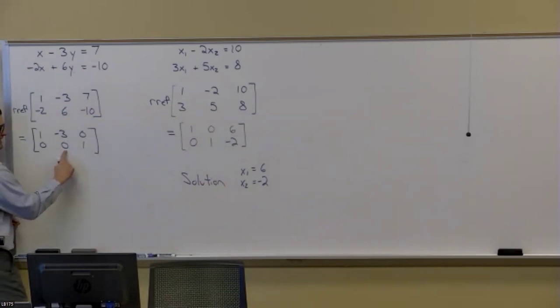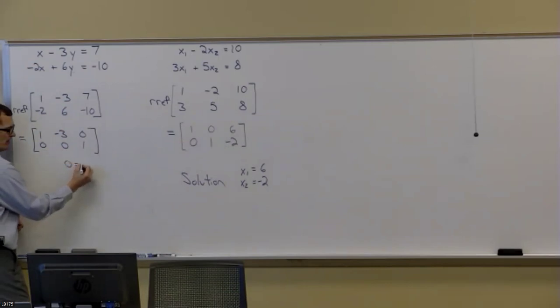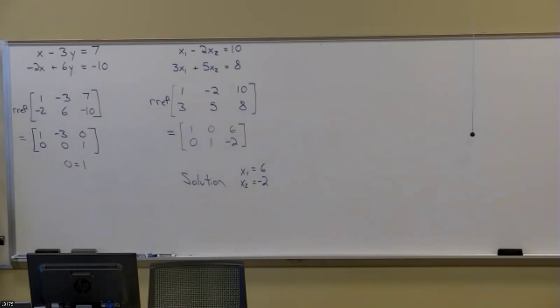So this is telling you that 0x plus 0y is equal to 1. In other words, 0 is equal to 1, which is obviously not true. 0 is not the same thing as 1.